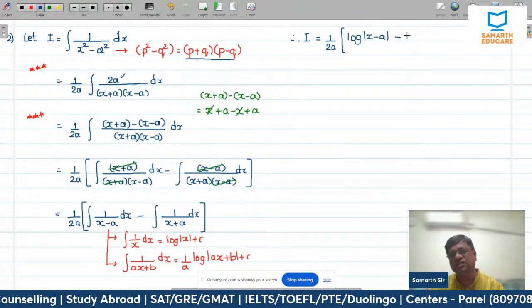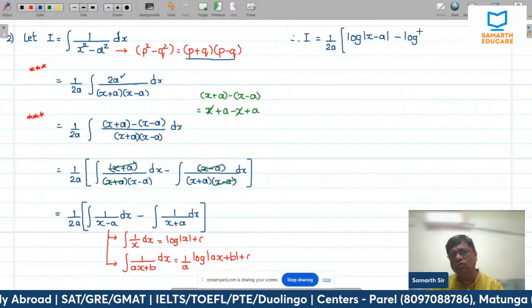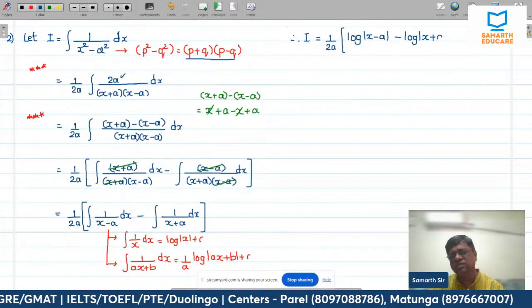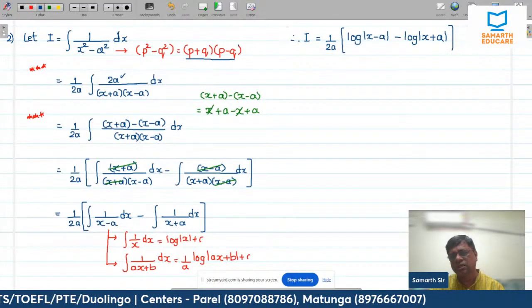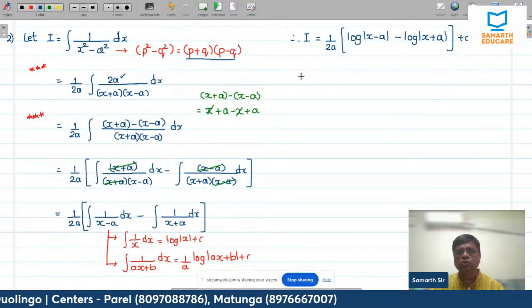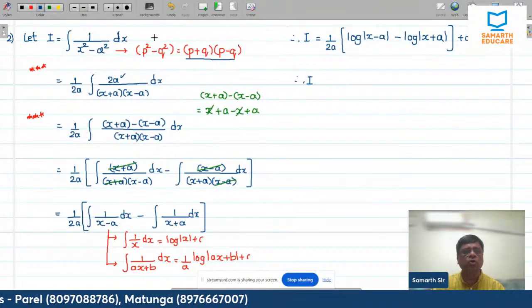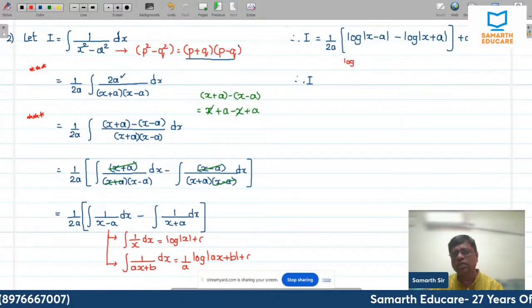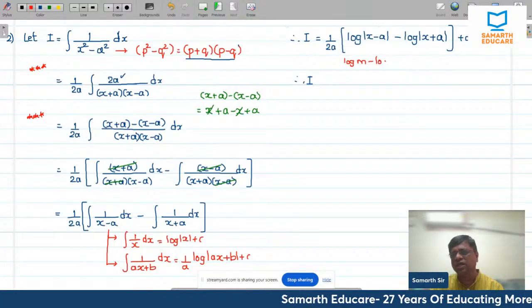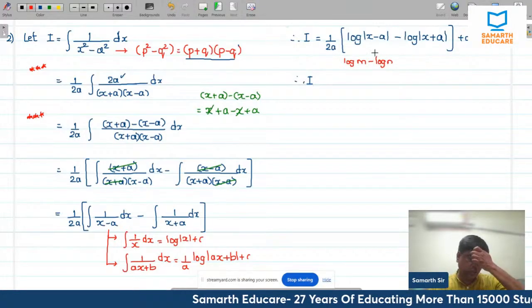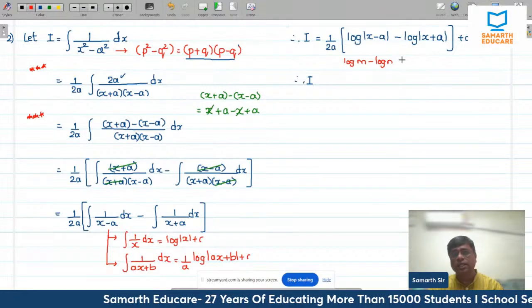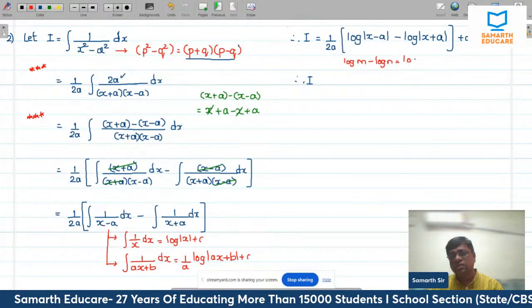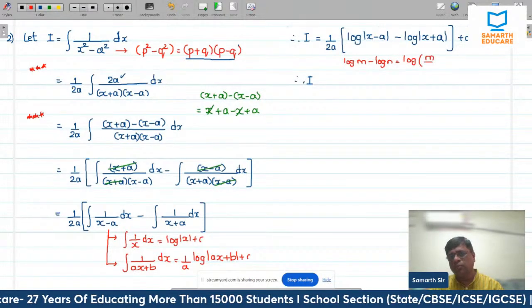So I'll keep it as it is, minus log of x plus a plus c. So I is equal to, now according to the rules of logarithm, logarithm का rule कहता है log m minus log n, provided n is not equal to 0, is equal to log m upon n.